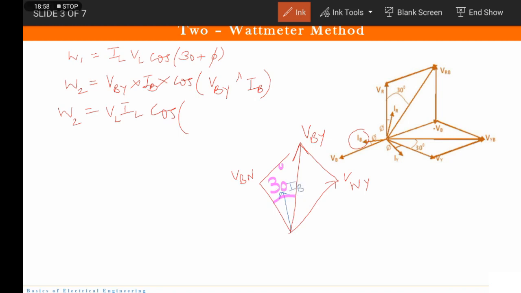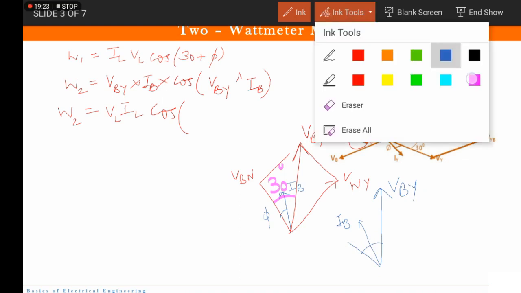And this angle was phi. But what do we require? So see, this is IB and this is VBY. Correct? And here we have this angle. So this total angle is 30.